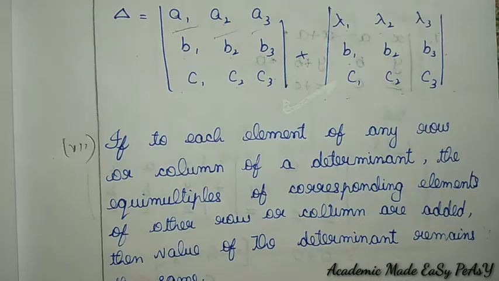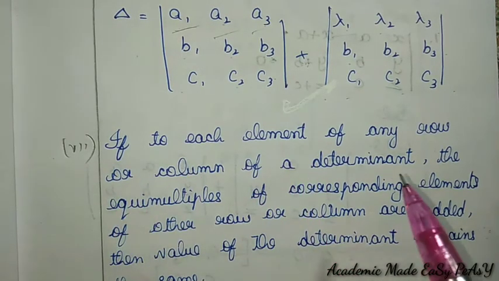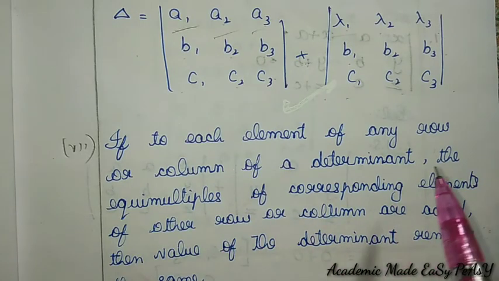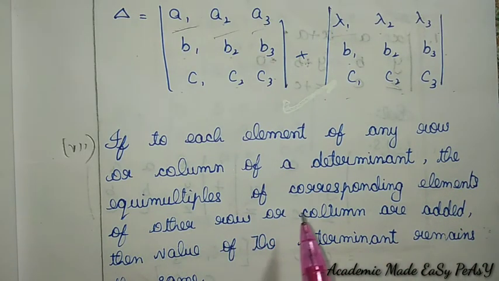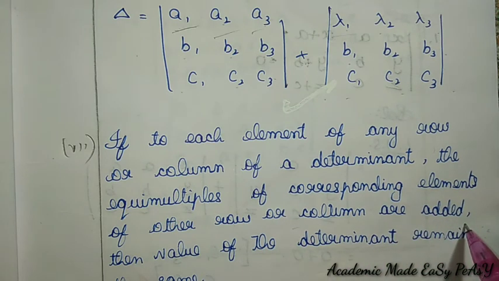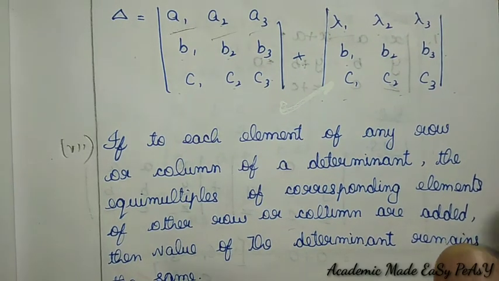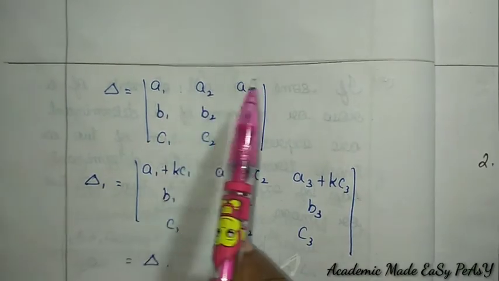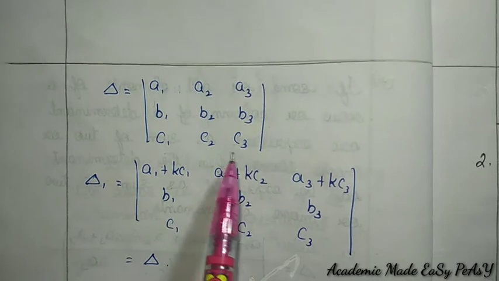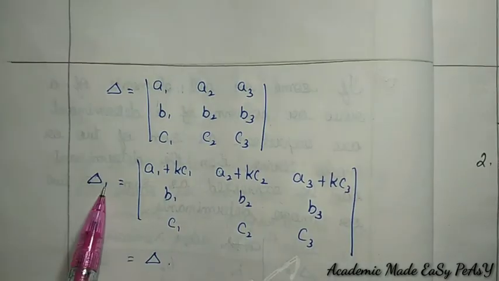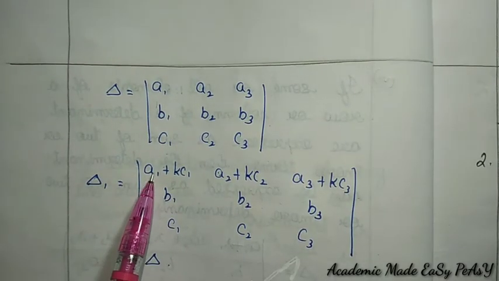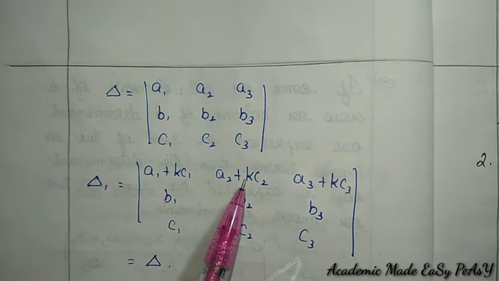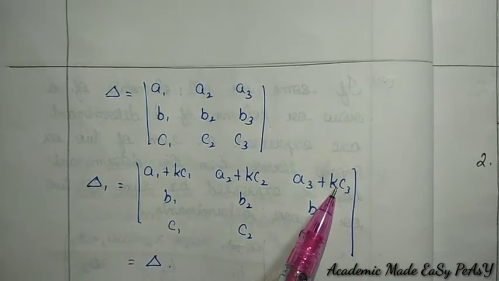In property 7, if to each element of any row or column of a determinant, the equimultiples of corresponding elements of another row or column are added, then the value of the determinant remains the same. Now I'll explain with an example. Consider this determinant a1, a2, a3, b1, b2, b3, c1, c2, c3. Okay, so I have another matrix a1 plus kc1, a2 plus kc2, a3 plus kc3.